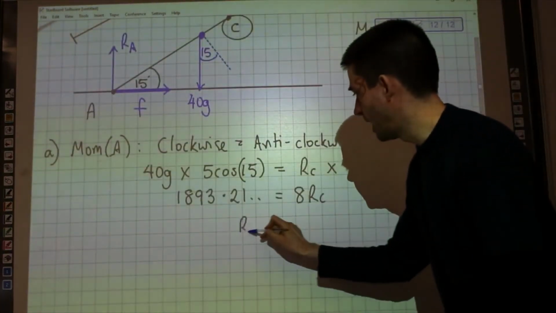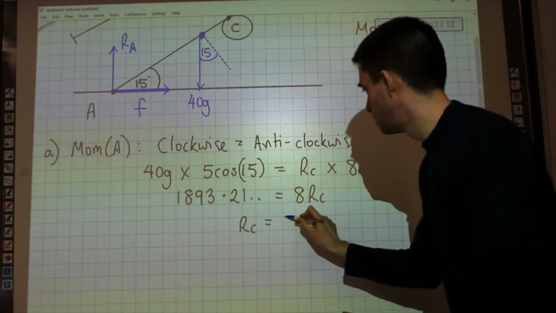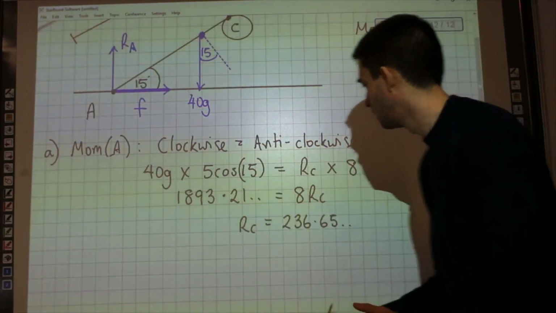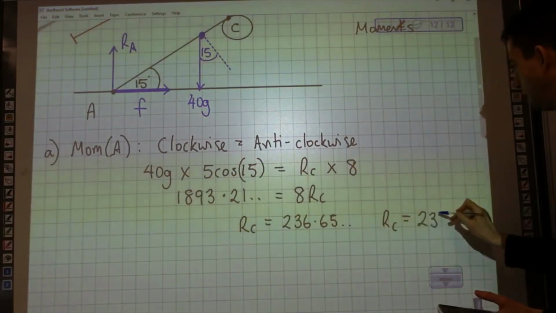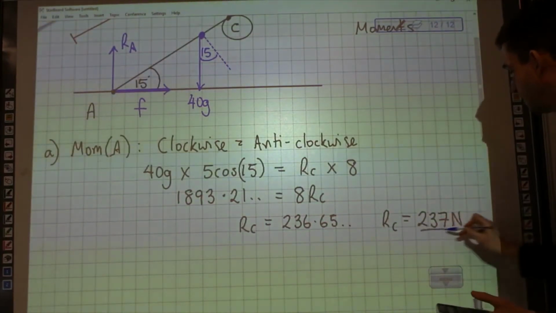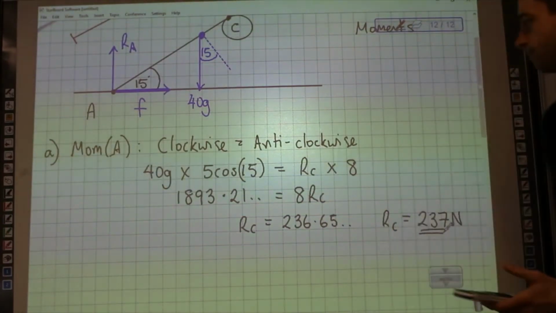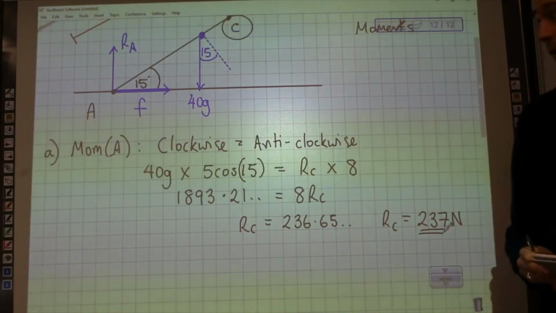So dividing by 8, I get RC to be 236.65, which to three significant figures, RC is 237 newtons, and that is part A done. I'm going to store that value in my calculator for future calculations.